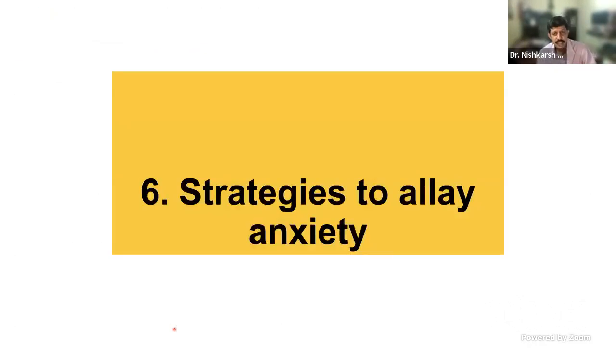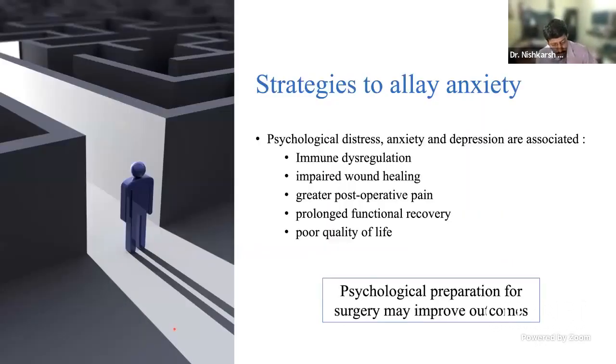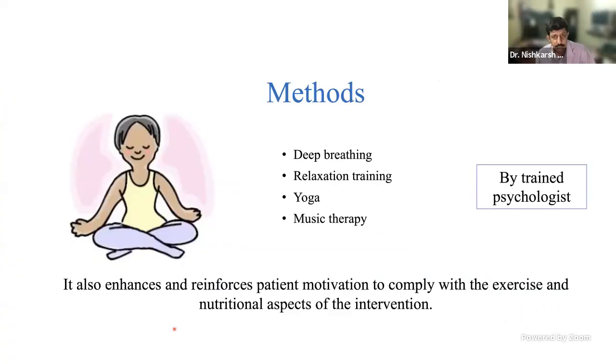Now, another component is anxiety. All of us know a lot of psychological issues are there in these patients, which may lead to anxiety, distress, depression, which in turn may lead to immune dysregulation, impaired wound healing, more pain in the post-operative period, as pain has a lot of psychosocial component, prolonged recovery, and a poor quality of life. So we need to prepare these patients psychologically as well.